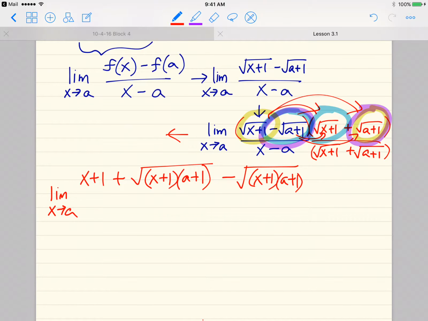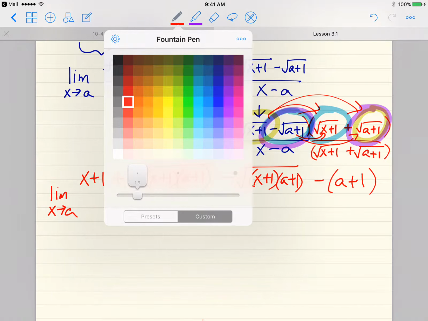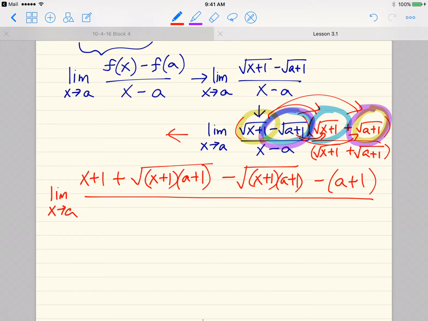Again, negative times positive gives me negative, and radical a plus 1 times radical a plus 1 becomes a plus 1. But be careful, because that a plus 1 is still grouped together before you subtract that result. All over x minus a times the square root of x plus 1 plus the square root of a plus 1.